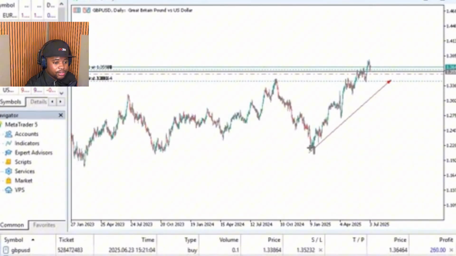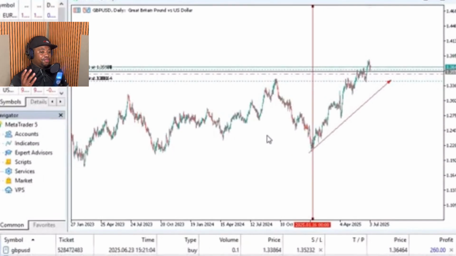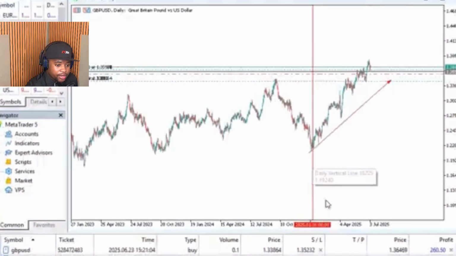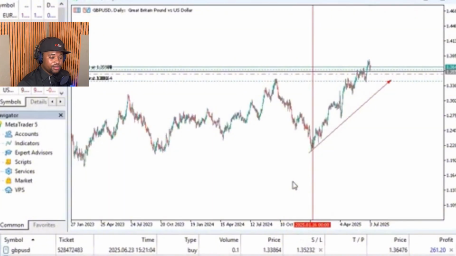So looking at this, we can put our vertical line at this point here, where the market rejected, guys, or rather where the market reversed and created a new structure, which we call a change of character or a change of market structure, right? This actually occurred in 2025, yes, this year, in January. As you can see here, the 16th of January.